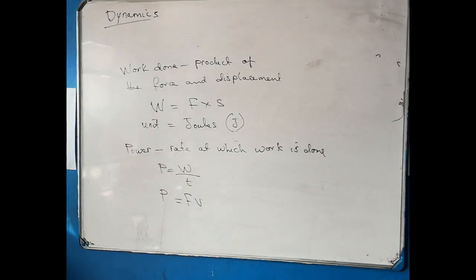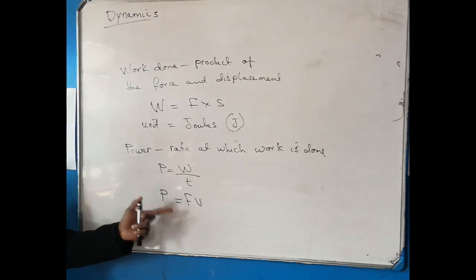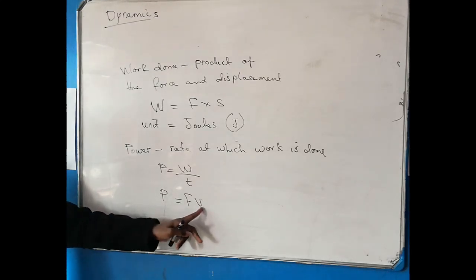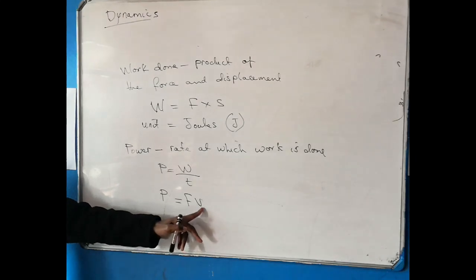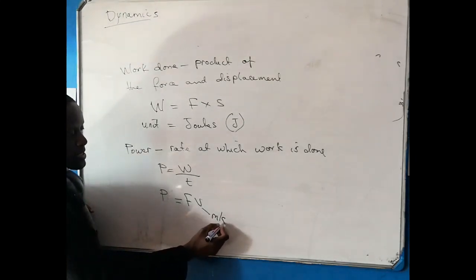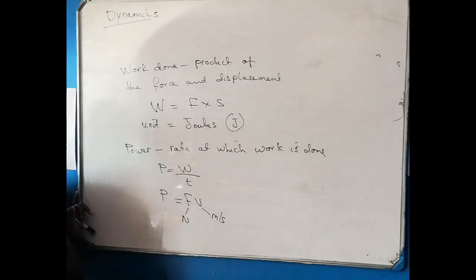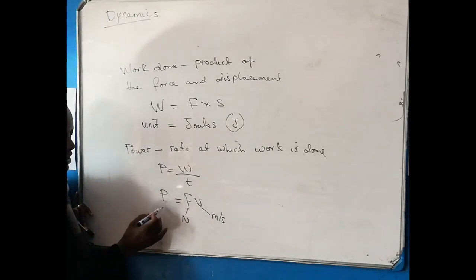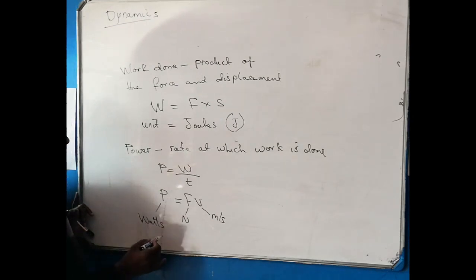Yesterday I gave you a formula for calculating power using torque. But now this is power using a force and a constant velocity. Your velocity should always be in meters per second. Your force is always in newtons. What is the unit for power? You'll be using W.